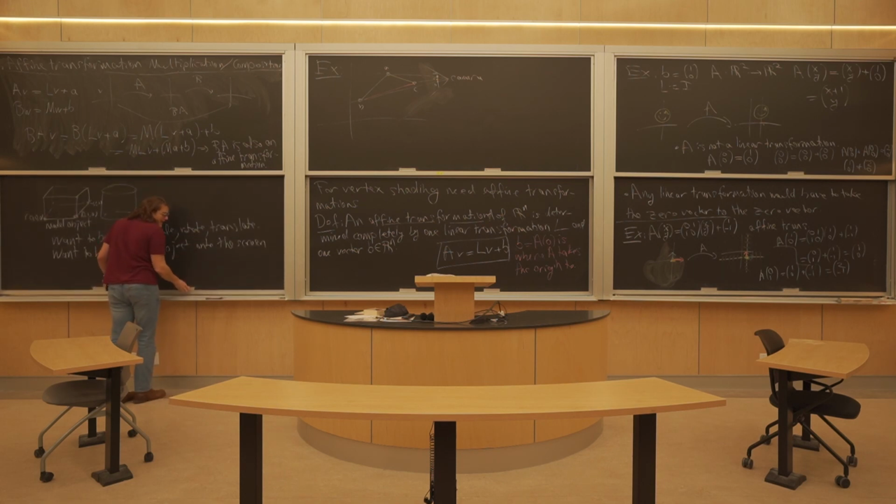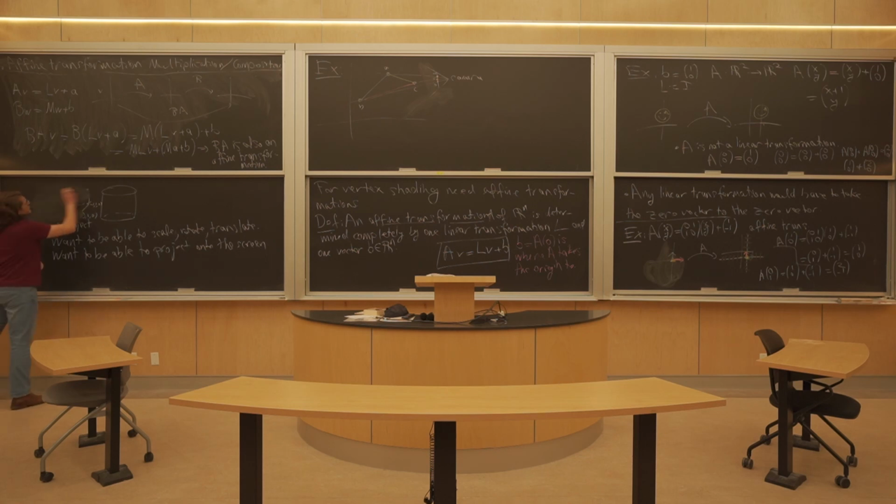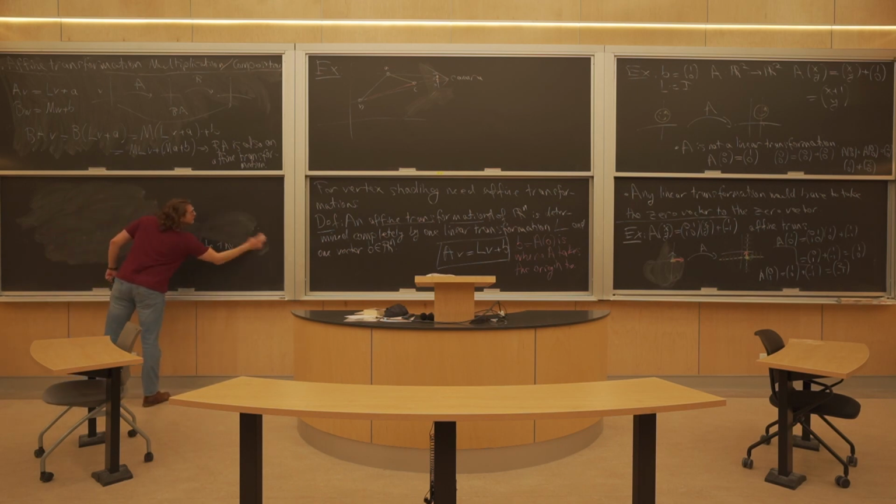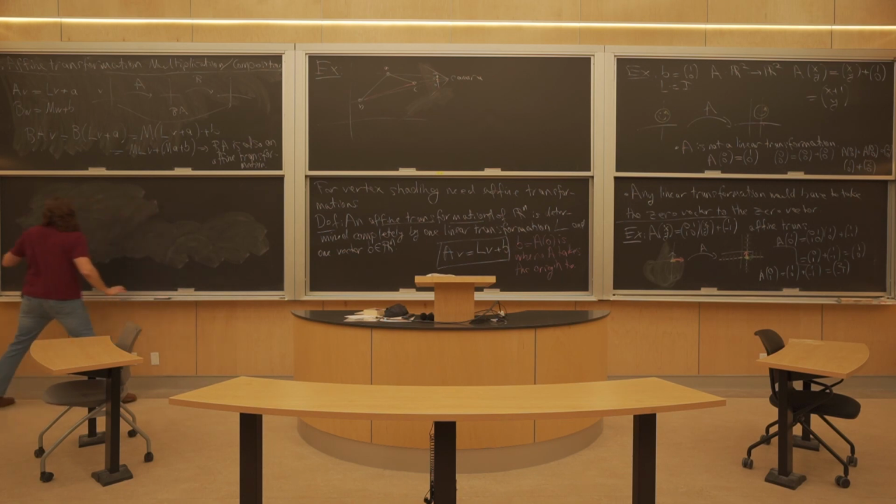So I can put them in a pair and simplify the notation a little bit. So A is L comma A, and B is M comma B.